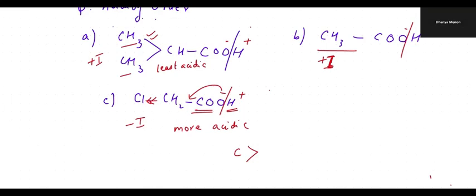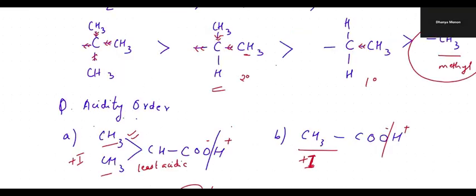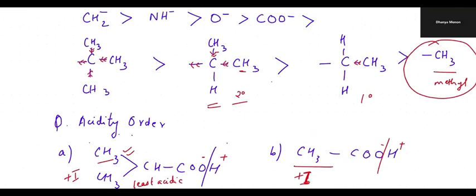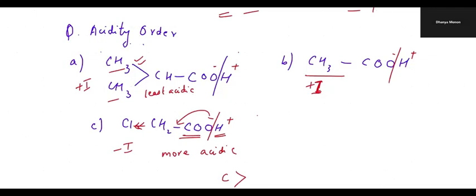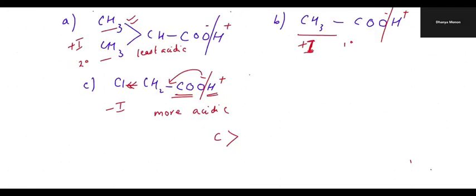Now, if you see the order also, secondary is greater than primary. This is the secondary and this is the primary. So definitely secondary is less acidic compared to primary. So next our order will be B and then A based on the order. I hope I'm clear here.